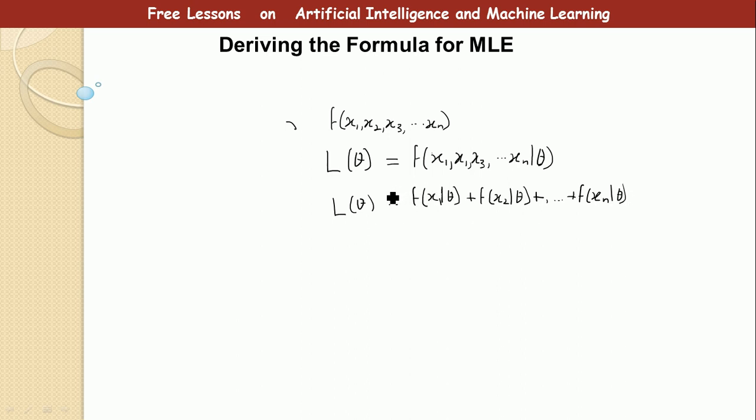Now we can take the sum, which will be the sum for i equal to 1 to n of f of xi given theta.